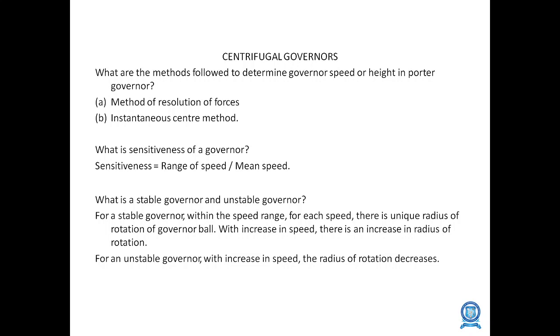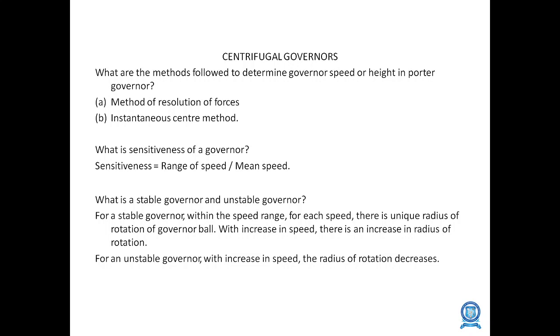Centrifugal governors have two methods to determine the speed or height of the governor. First one, method of resolution of forces. Second one, instantaneous center method. Next, we should know about the sensitiveness of the governor. Sensitiveness is the ratio of range of speed to the mean speed.